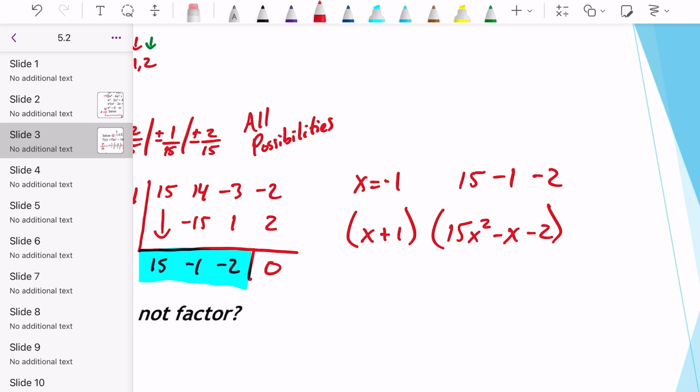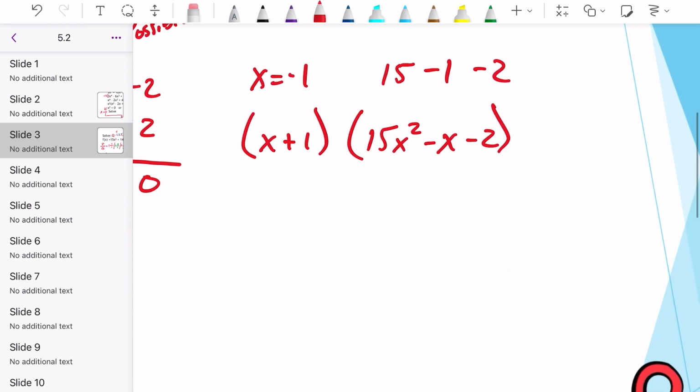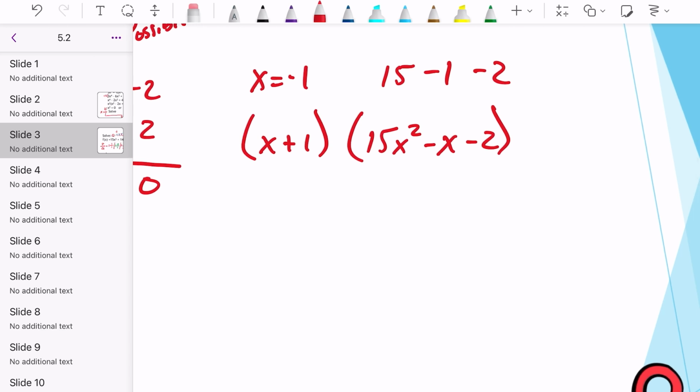We're going to go ahead and factor out that right side. So 15x squared minus x minus 2 will turn into a 5x minus 2 and a 3x plus 1.